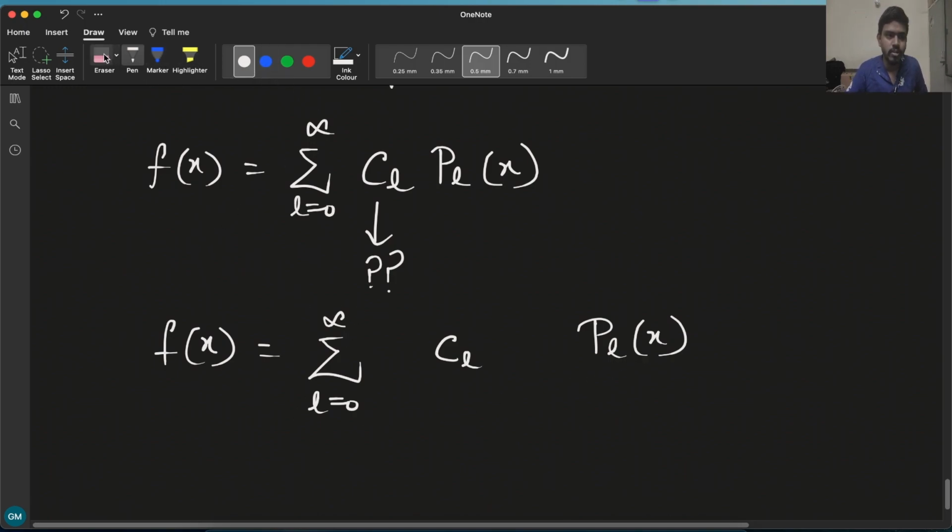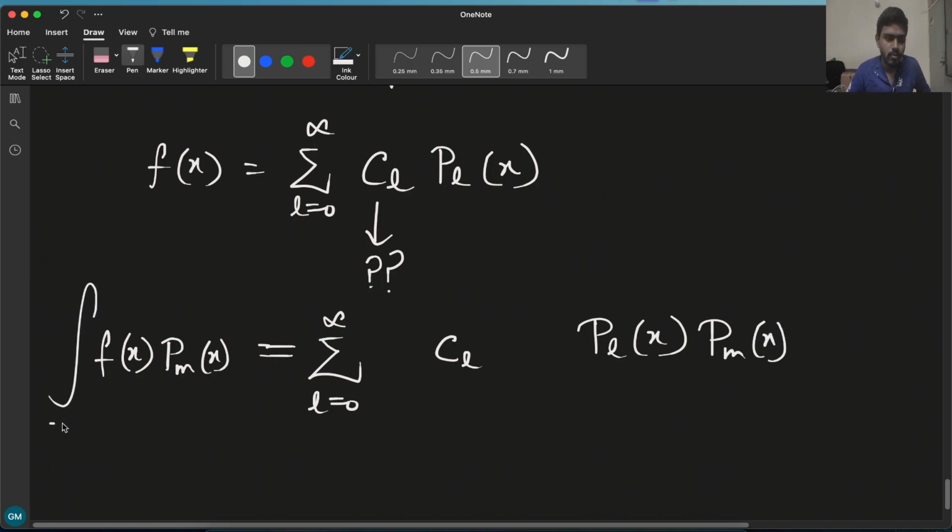Now what I will do is multiply both sides with P_m(x), and then integrate from -1 to 1 with respect to dx.